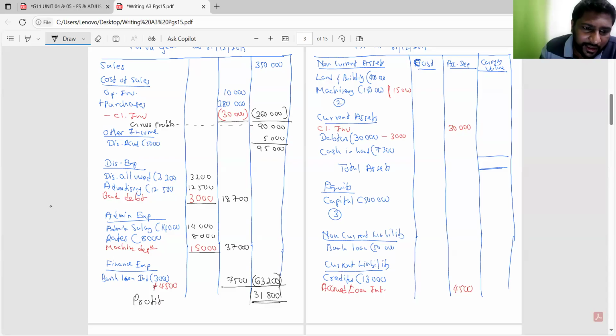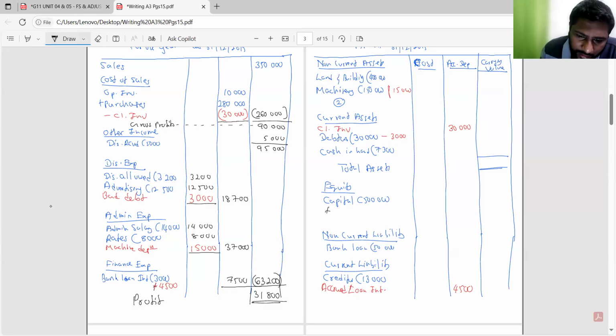So go and put it under the capital. Profits will increase the equity. Profit 31,800.